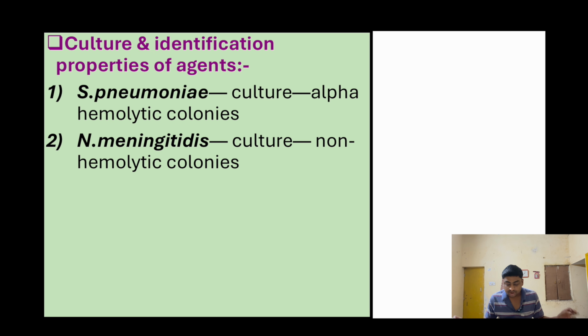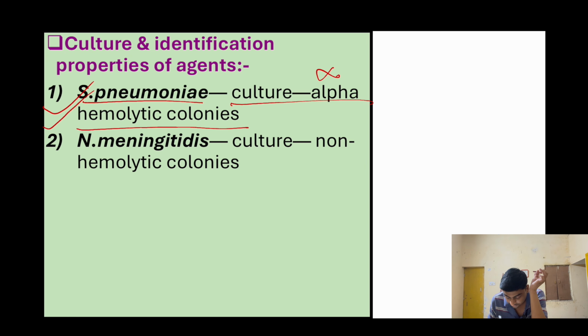Now come to the culture and identification properties of the agents. In the case of Streptococcus pneumoniae, if we culture CSF in blood agar, it will show alpha hemolytic colonies.